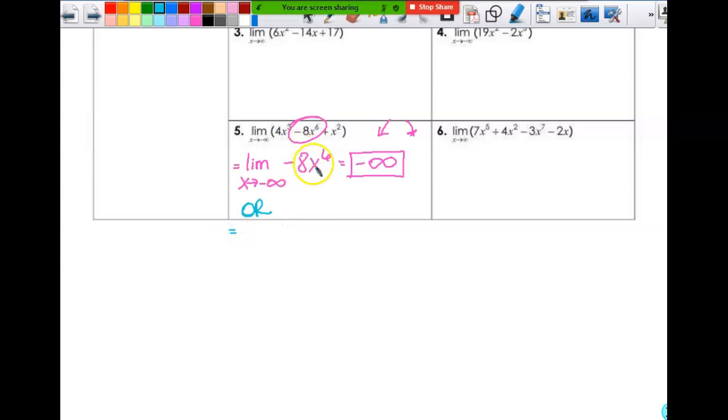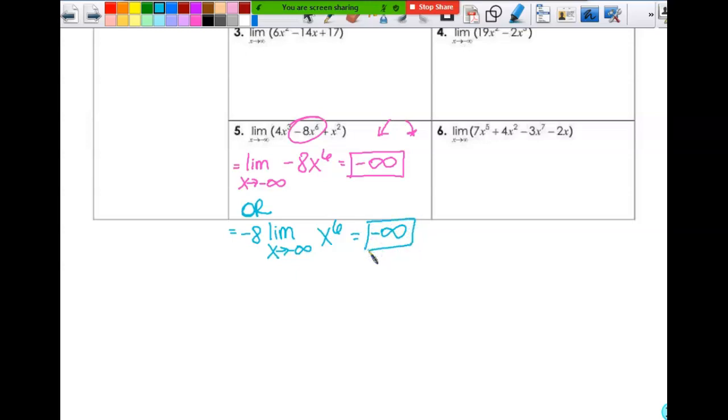You can technically factor this out, so we can make this negative 8 times the limit as x approaches negative infinity of x to the 6th power. So that would mean since x to the 6th is even, as we go to negative infinity, we go to infinity. But then when you multiply that by a negative 8, it makes it negative infinity. You get the exact same answer.